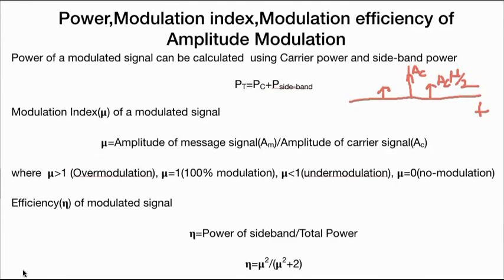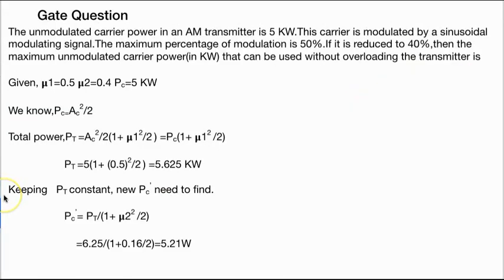For 100% modulation, mu should be 1, and for undermodulation, mu is less than 1. If mu is equal to 0, then no modulation has occurred, that is, no superimposition of the message signal on the carrier signal has taken place. Efficiency of the modulated signal is the power of the sideband divided by the total power, which is given by this formula.